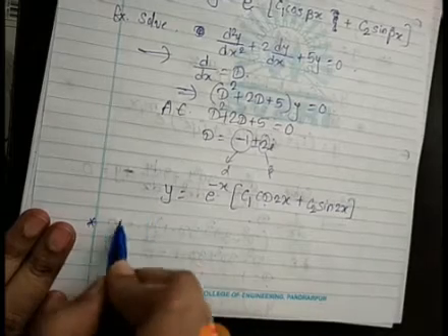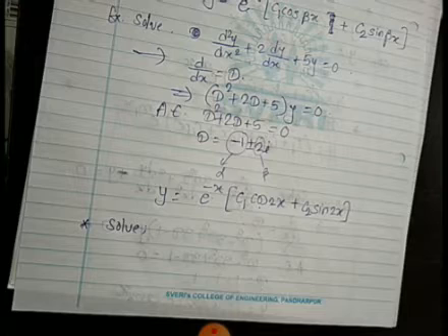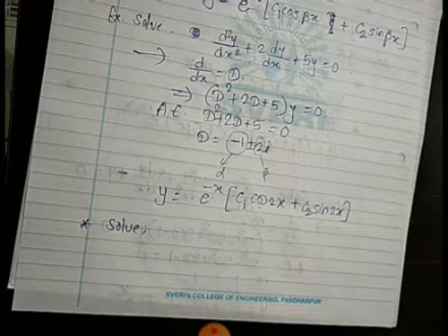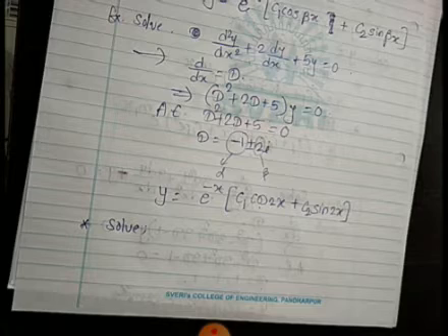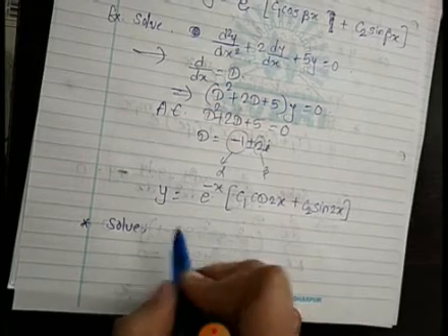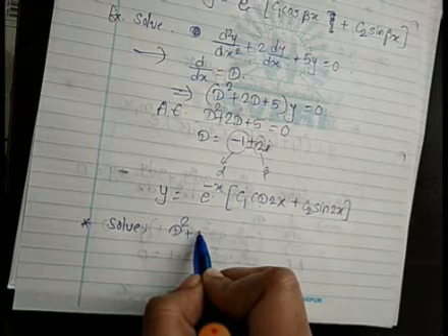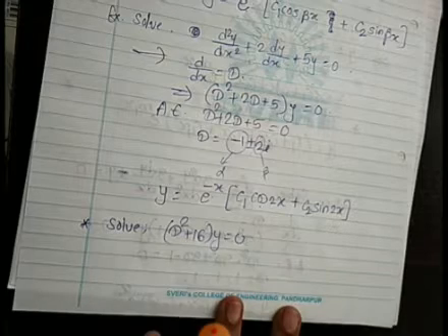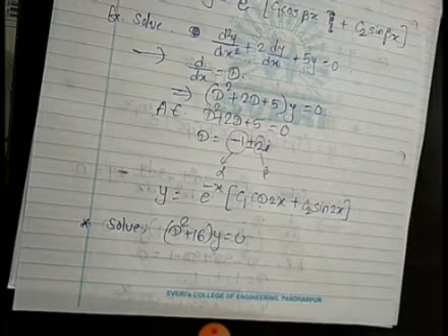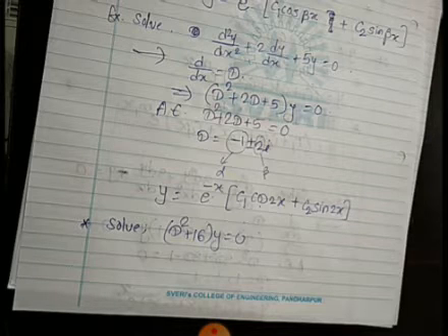So solve, that is having imaginary roots: D square plus 16 y equals 0.